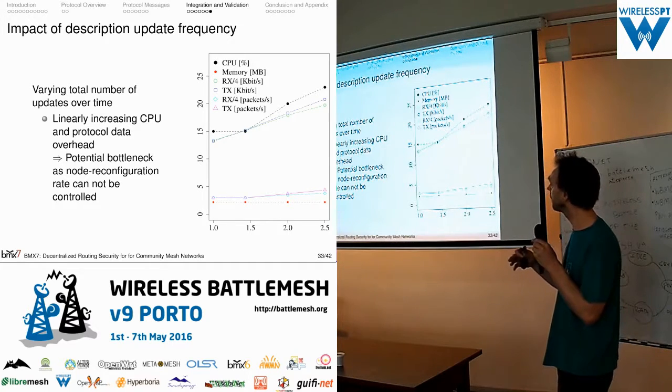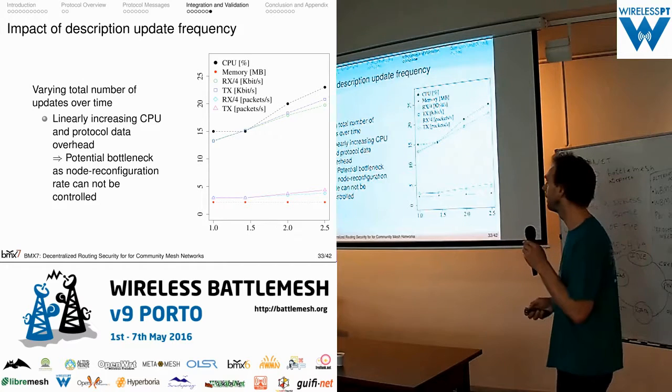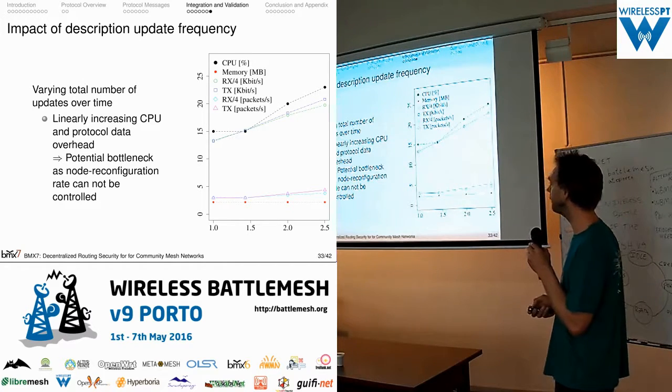And of course, if many nodes are doing this, you have to verify the descriptions of all these nodes on the fly, and it increases the load for every node. And indeed, this shows a bit of a bottleneck.